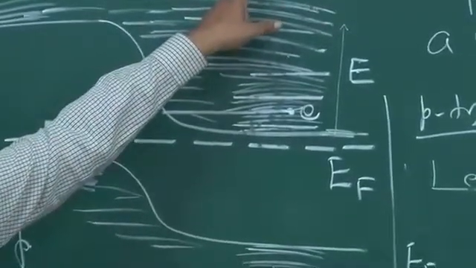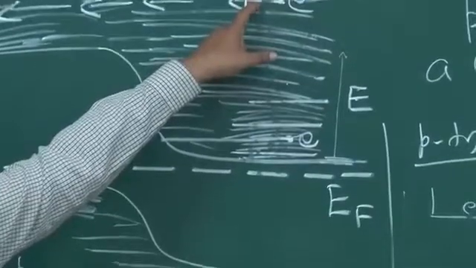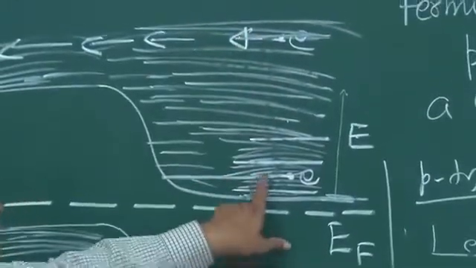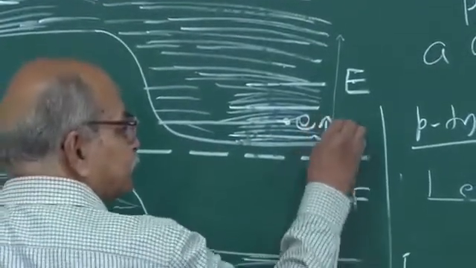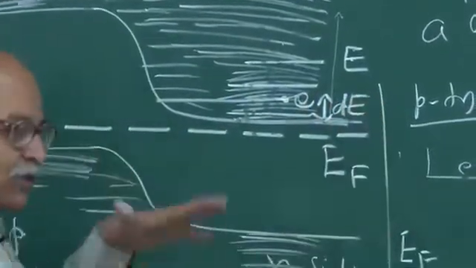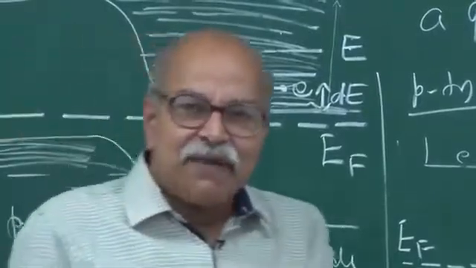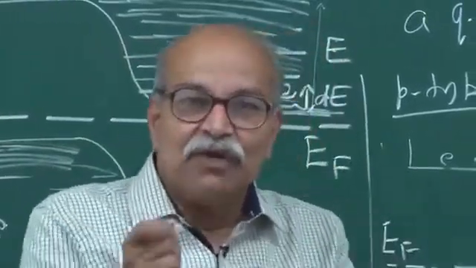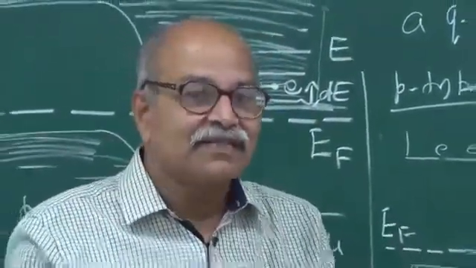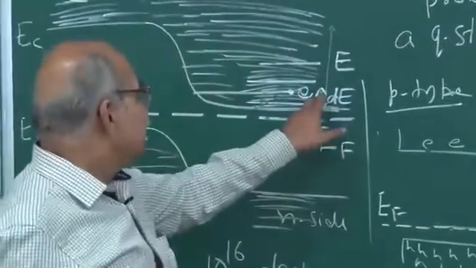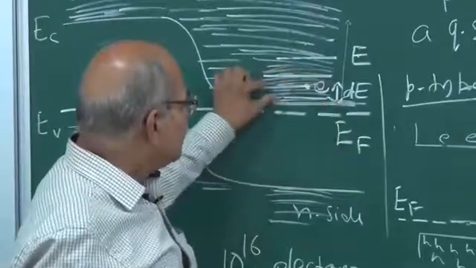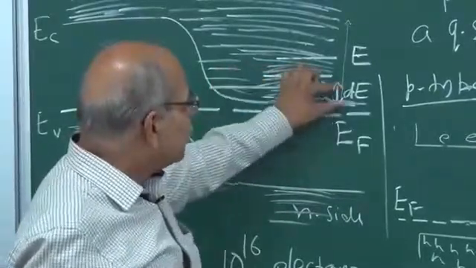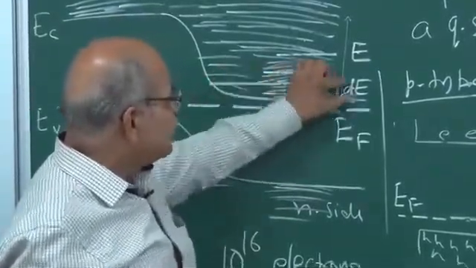But that's not exactly the number of electrons in this range. Suppose you take a small dE here. These quantum states are very closely packed, so I cannot discuss them one by one. If you take a width dE, how many electrons will be there in these quantum states at this energy?